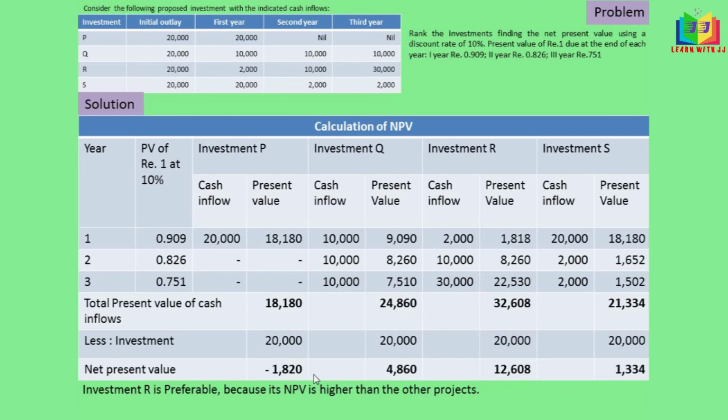Among these four, R gives the highest net present value, so this project is preferable. I have written that investment R is preferable because its NPV is higher than the other projects.